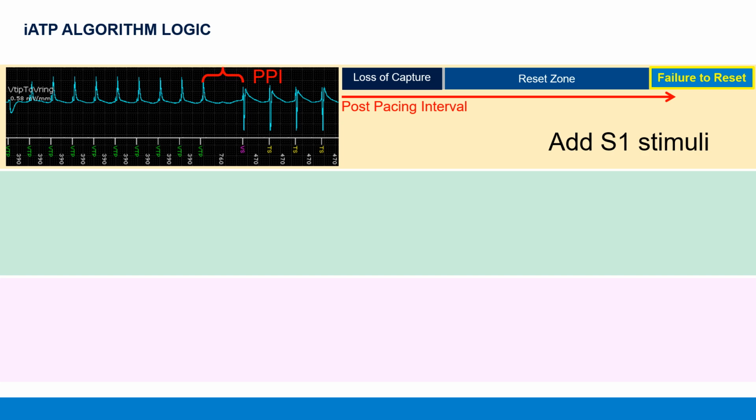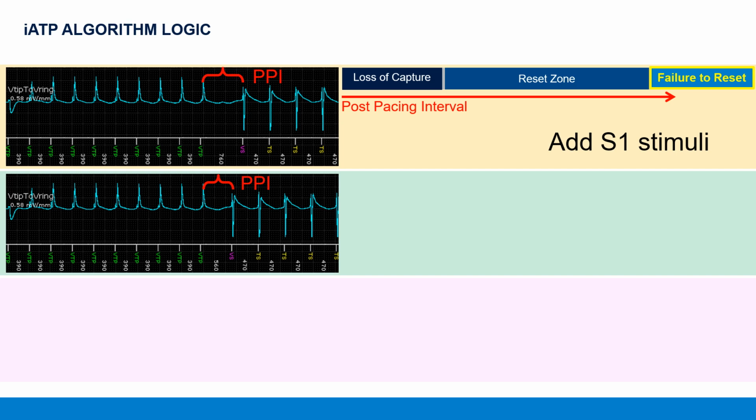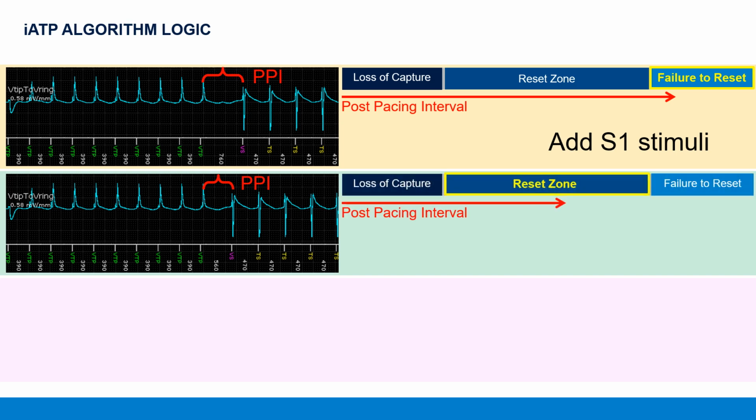And so the algorithm will add S1 stimuli for the subsequent anti-tachy pacing scheme. That will allow us to reclaim that territory and have the S2 enter the excitable gap with a chance to terminate VT. If the post-pacing interval had an intermediate duration, that tells us that we fell in the reset zone.